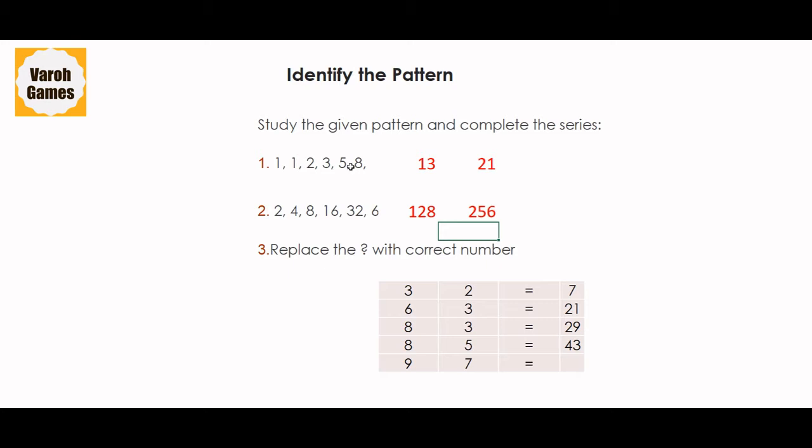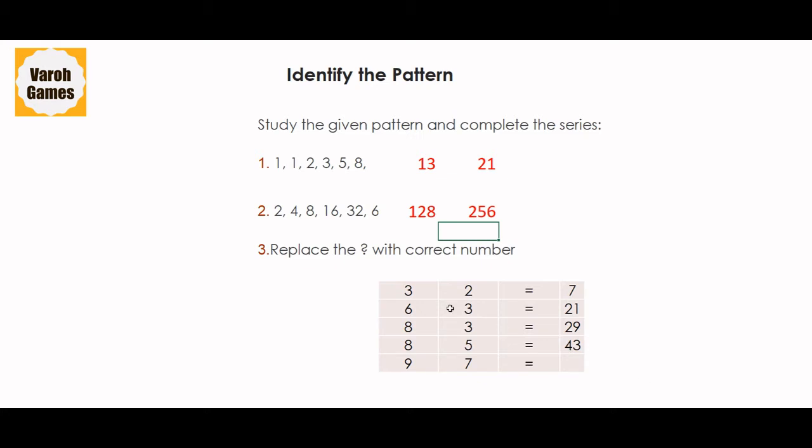Now let's go to the third pattern. If you remember your last edition, over there we had a pattern where some numbers were given and they had a certain solution. They were equal to something and we had to identify how. And I had asked you to start with the first rule of arithmetic, which is addition.